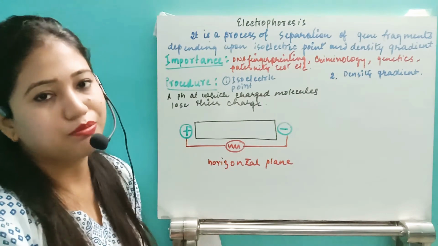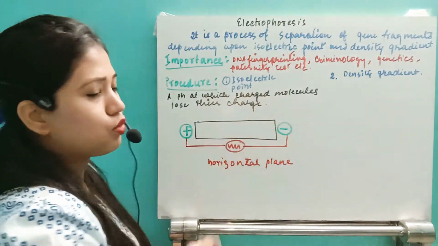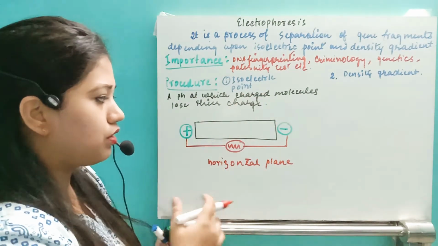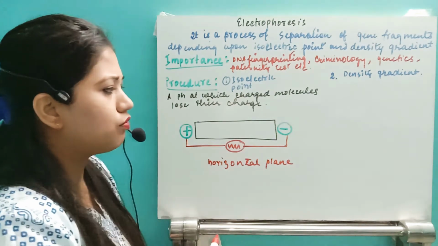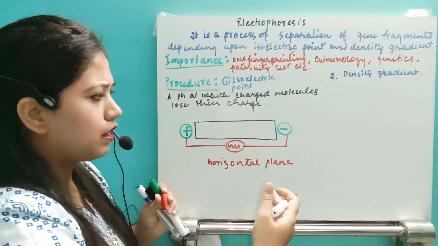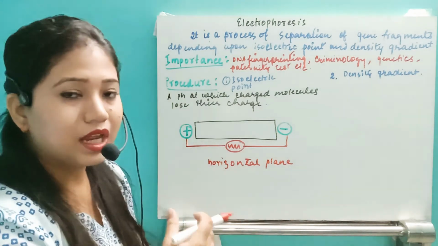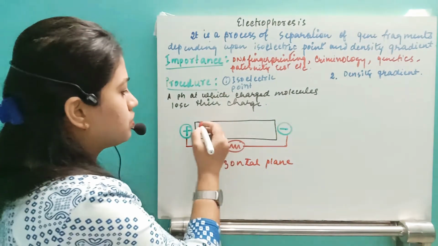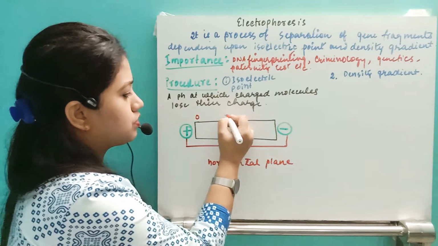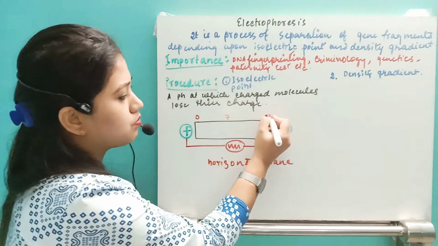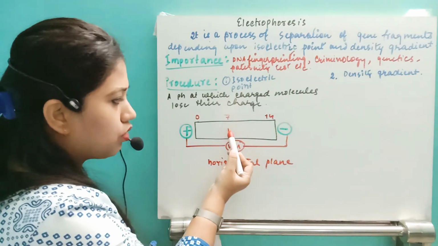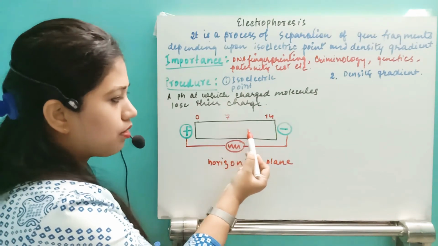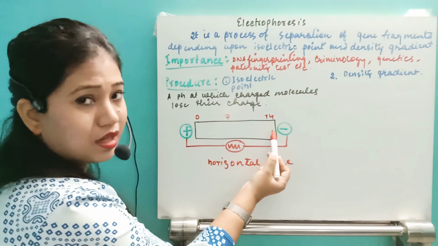See, here the process is the isoelectric point. Whenever we run the electricity, in this we will also have one pH gradient developed. Suppose this is pH 0, this is somewhere in the middle, 7, and here suppose it is 14. If you put the DNA fragments here, then the DNA fragments will start to move towards the pole.